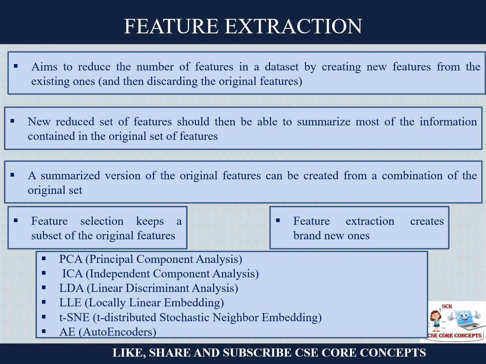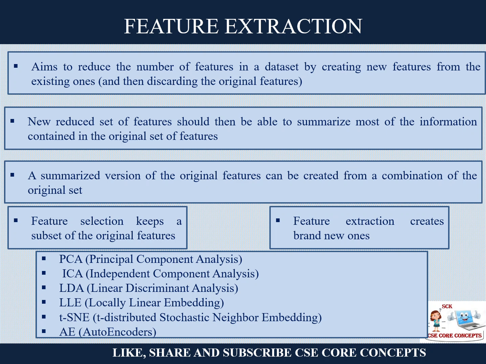This new reduced set of features will help to summarize all the information from the original features. They are not going to be as many as the original features, so the number of dimensions will reduce. At the same time, they will be able to summarize most of the information. So a summarized version can be created by combining the original set.